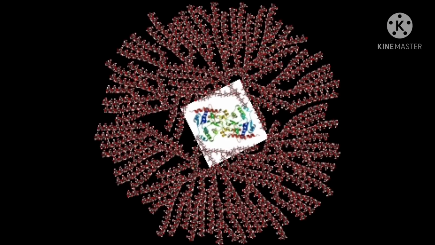Here you can see the cross section of glycogen granule, a two-dimensional view. Okay, it is a highly branched complex structure. This structure may contain up to 30,000 glucose units, but the central part is occupied by a protein known as glycogenin.